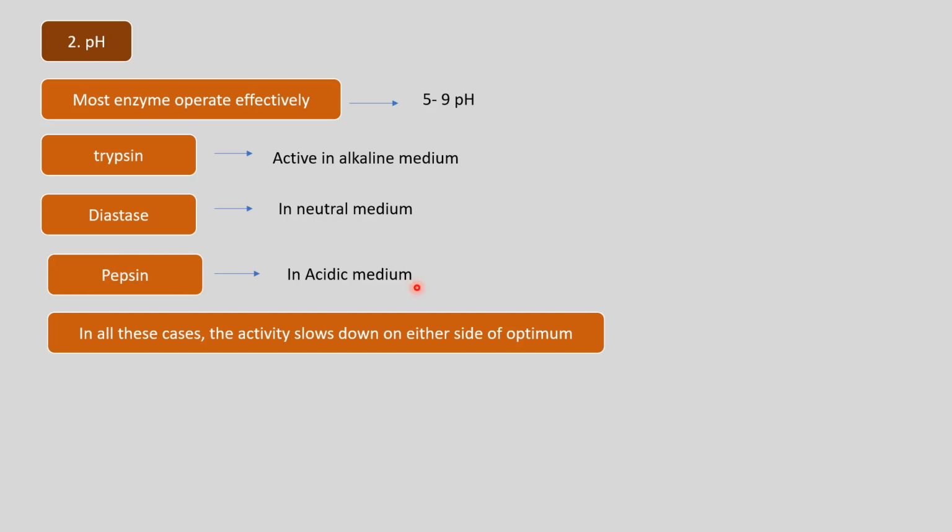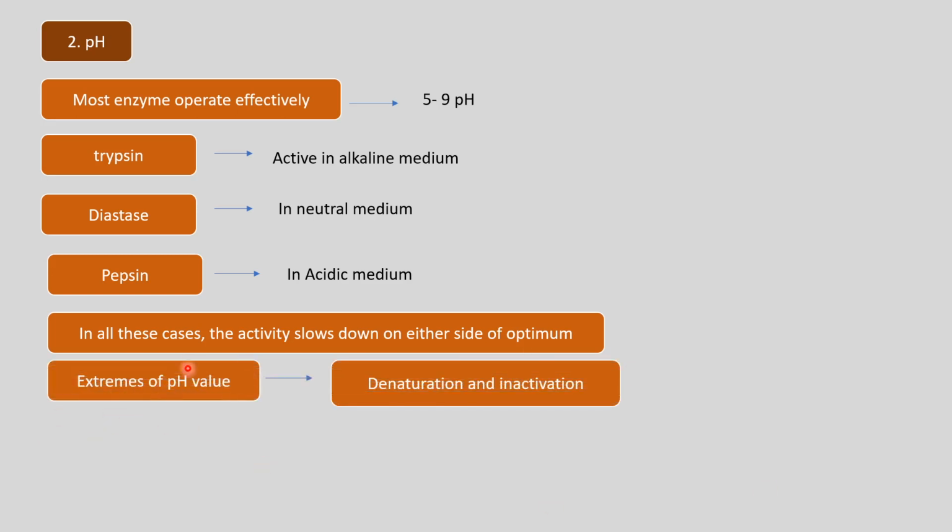So if you move towards lower pH, say for example 1 or 2, the activity will slow down on that side also. And if you move towards basic or neutral pH, say more than 3, that is up to 6 or 7, again the activity can slow down on that side of optimum. So for pepsin, optimum is acidic pH, and on either side of acidic pH, the activity can slow down.